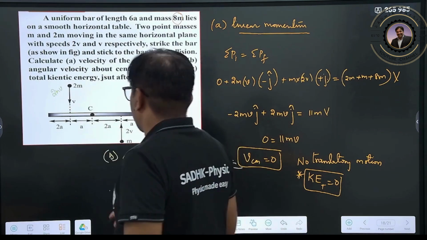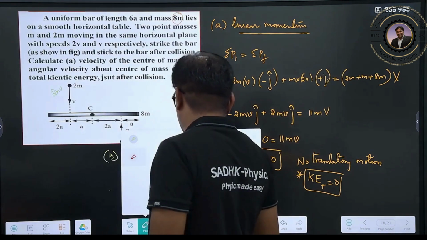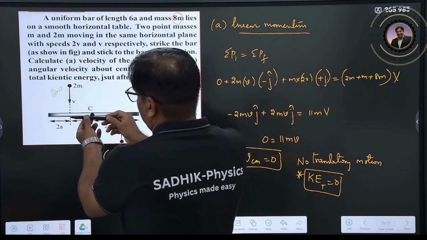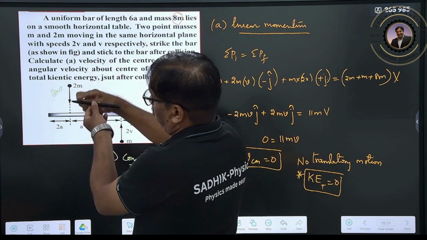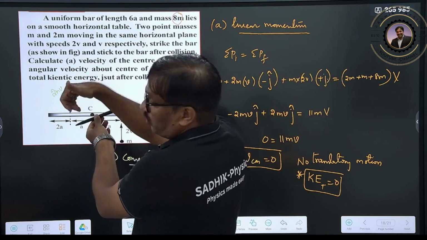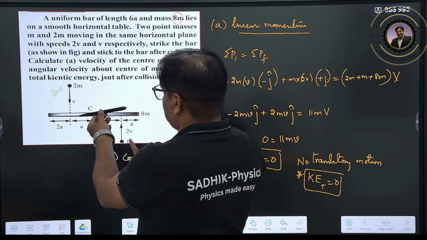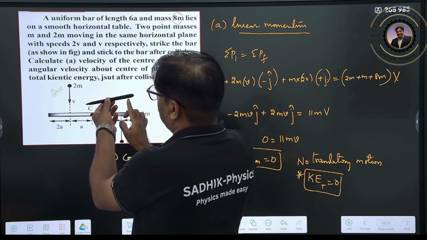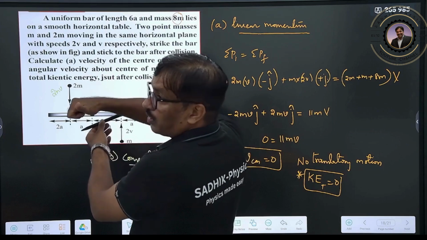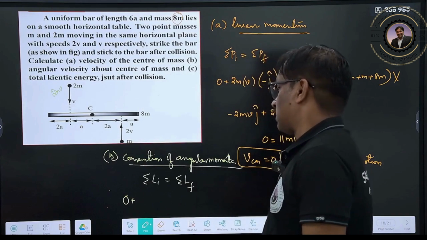It is a. Suppose this 2mv comes and hits the rod. If it hits here, the rod rotates like this, and this other part also hits and makes the rod rotate. Therefore both act in the same direction.